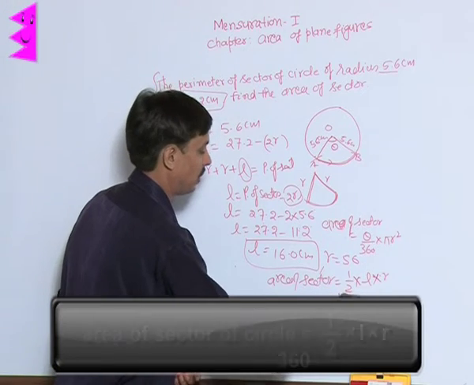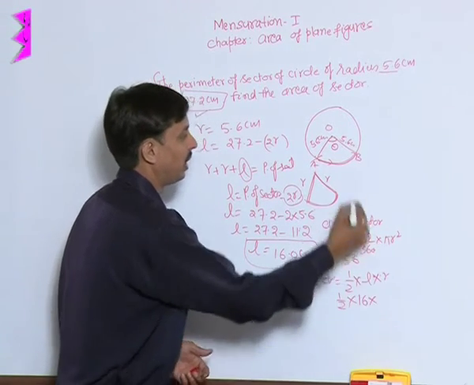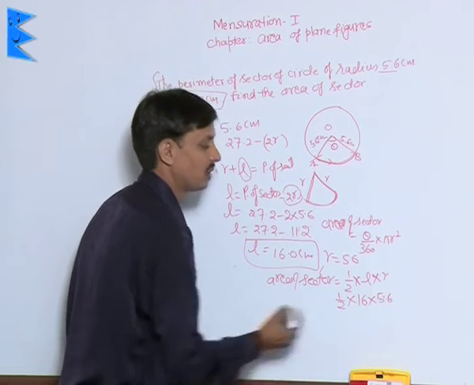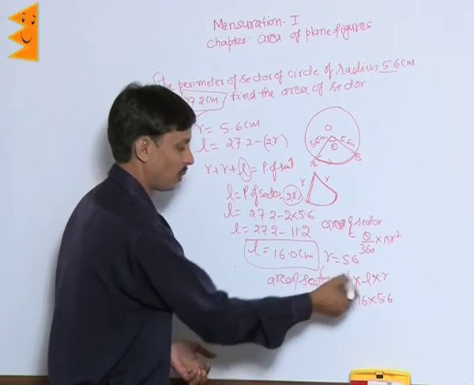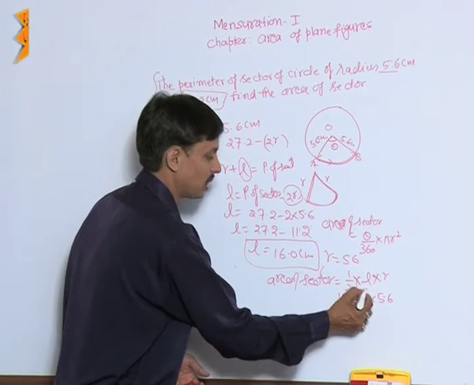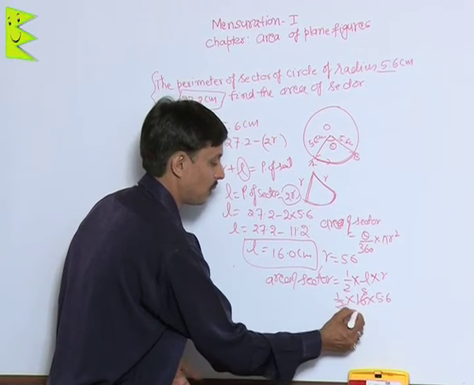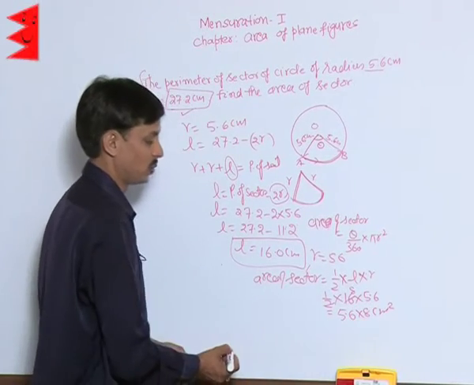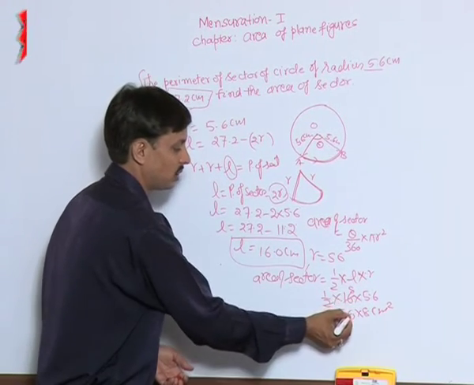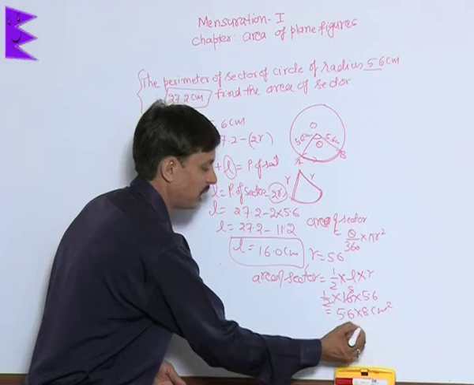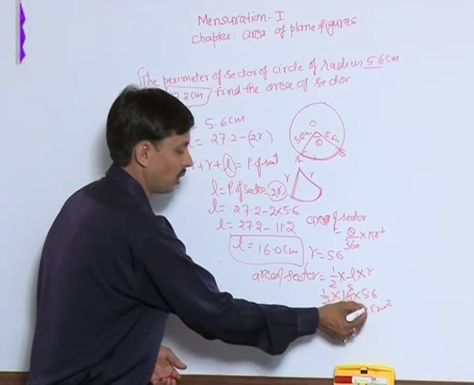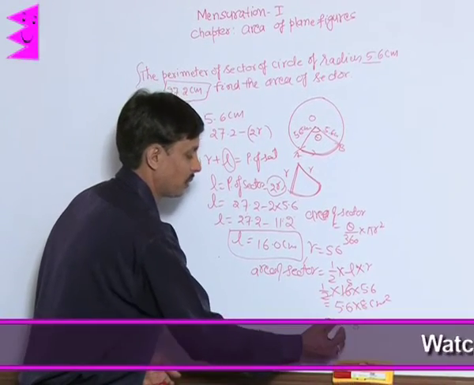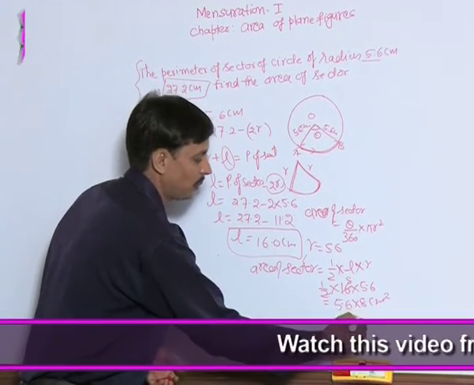This becomes half, length of arc 16 and radius 5.6. So half of 16 is 8, this becomes 5.6 into 8 centimeter square. 8 sixes are 48, then point, then 4, then 8 fives are 40, plus 4, 44.